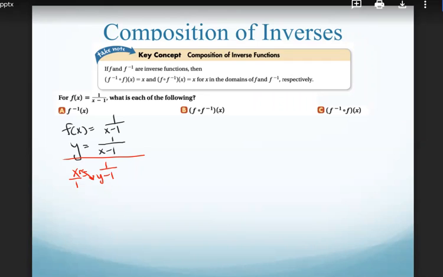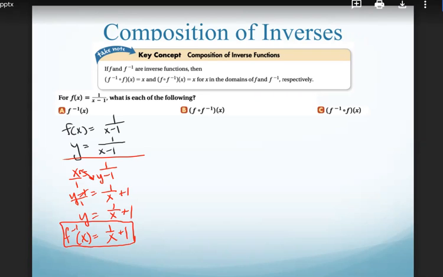So we get that y minus 1 equals 1 over x. And I can put that over 1 if that helps you visualize that. And then plus 1 on both sides, y equals 1 over x plus 1. I'm just going to leave it like that, okay? So f inverse of x equals 1 over x plus 1.